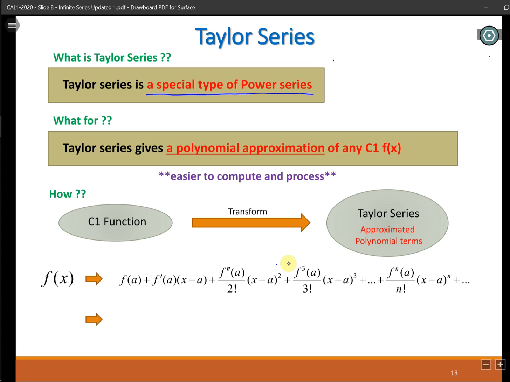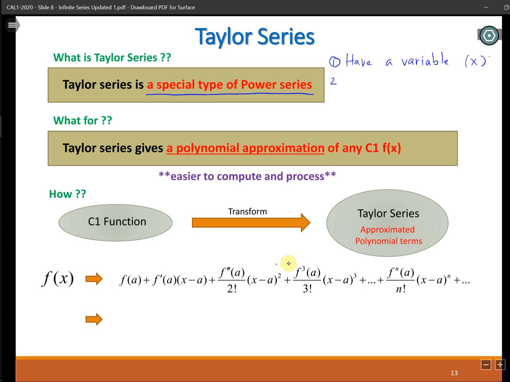Number one, just like the power series, Taylor series must have a variable in the series. Let's use x for that. The next thing that Taylor series must have is this property.